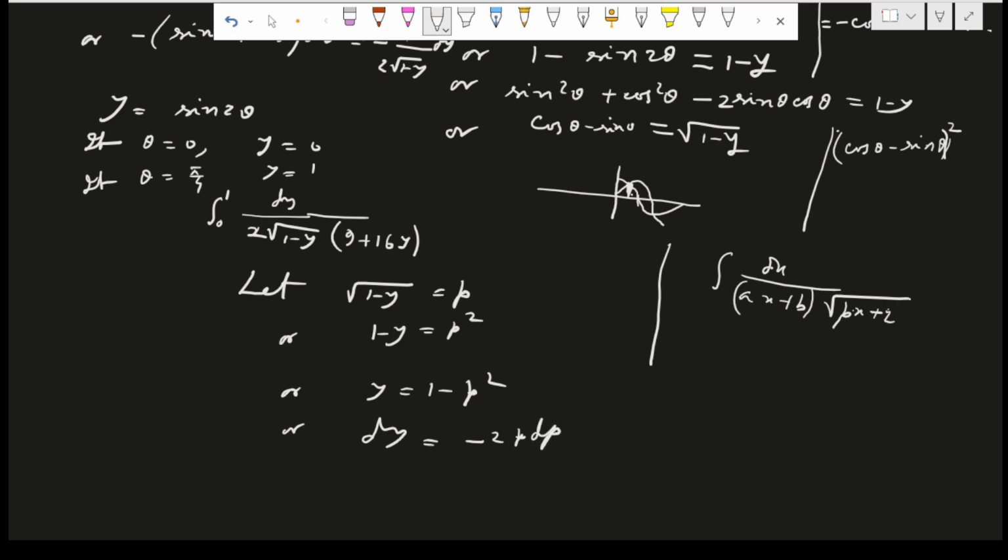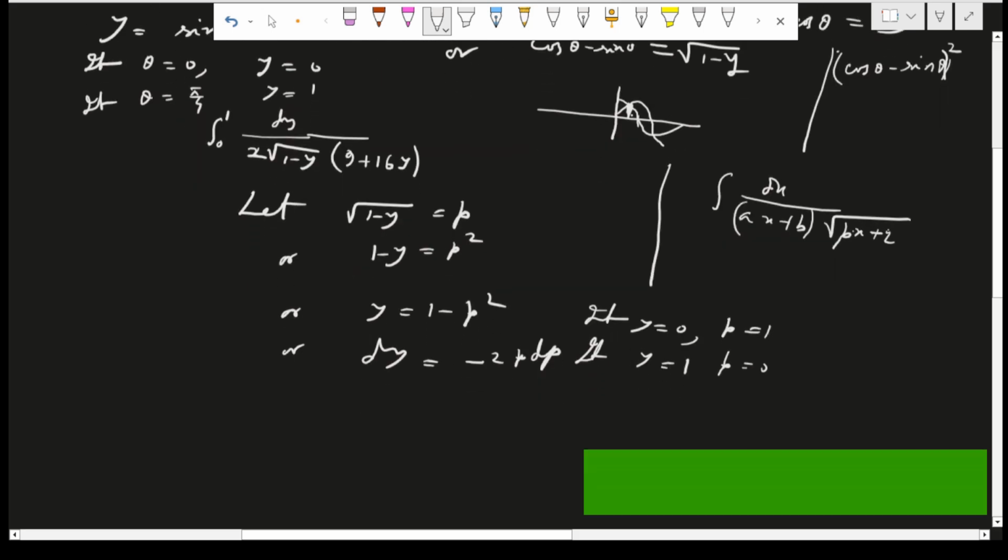Now substitute again. If y is equal to 0, p is equal to 1. If y is equal to 1, 1 minus 1 is 0, so p is equal to 0.